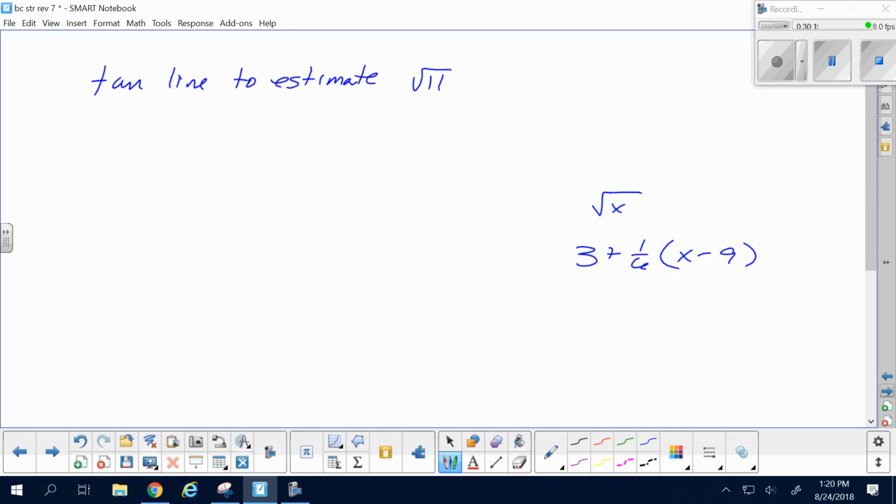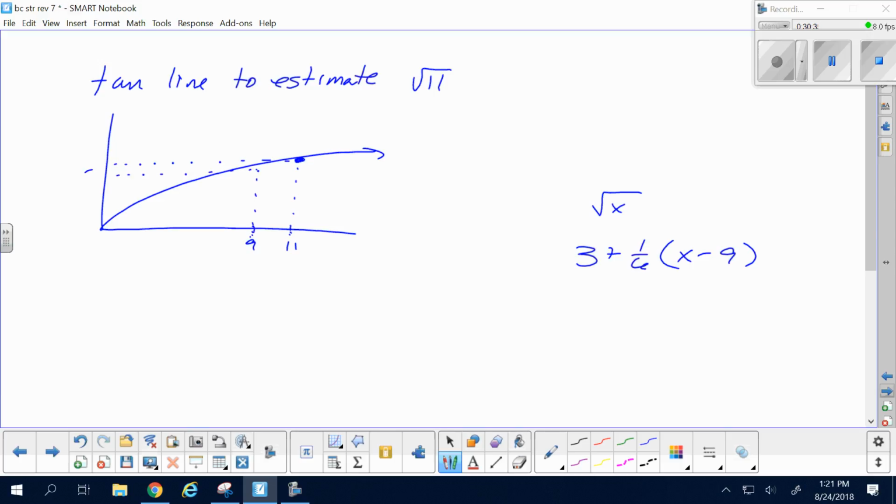Okay, but linear functions are clean. Now, the idea visually is that we have the square root function, boom, and here's 11. And I don't know what it equals when you put it into the square root function. I do know that it's between the square root of 9, which is 3, obviously, and the square root of 16, which is 4.